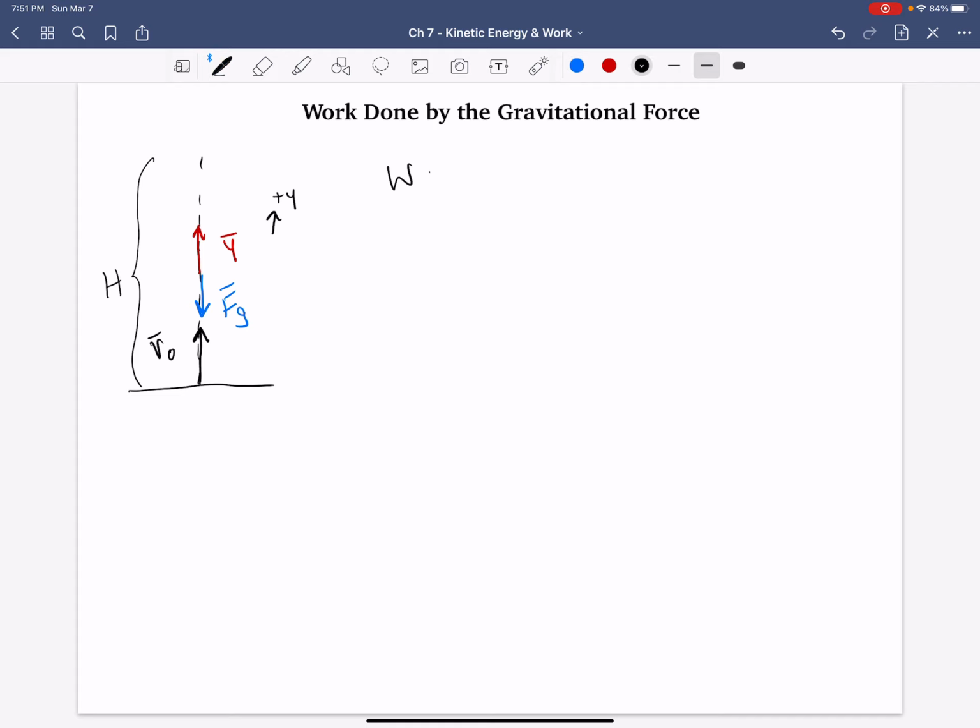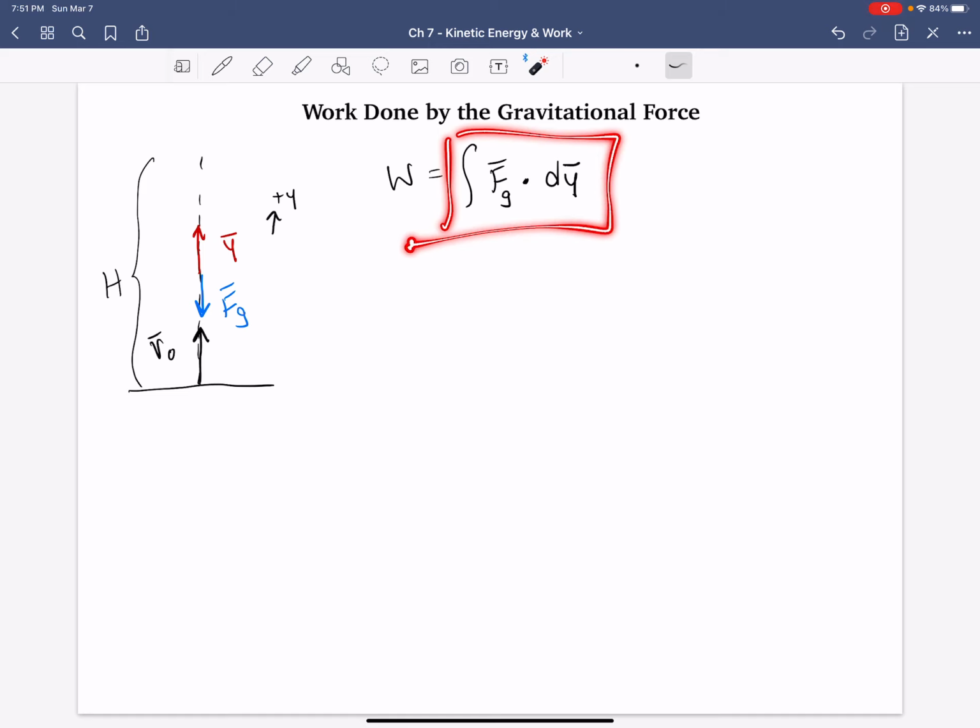In previous videos, we've defined work as the integral of the force dotted with some displacement, and that's the same thing here. So our gravitational force dotted with our displacement dy. This is the general form for work, the form you should always use because it will always apply. Just simply F dot D, or rather F times D, will not always apply.